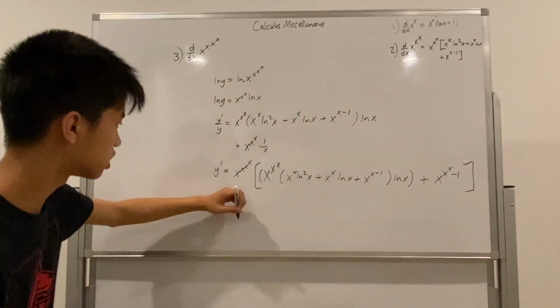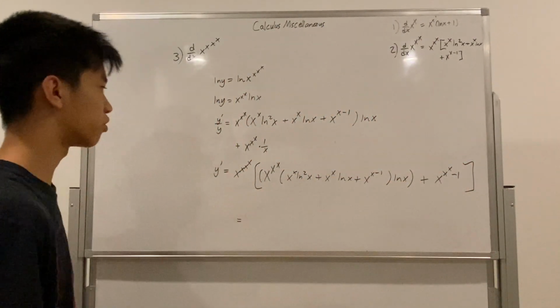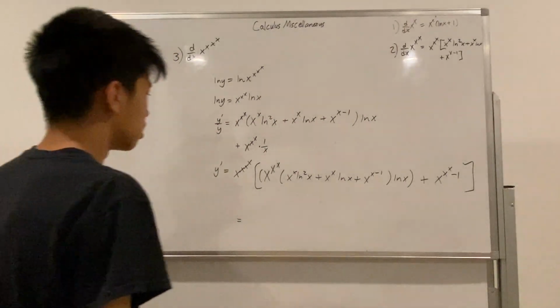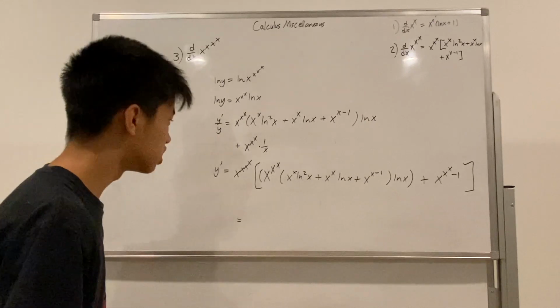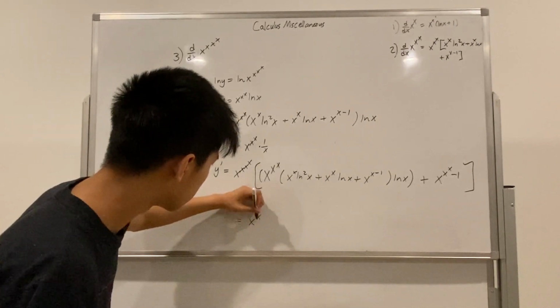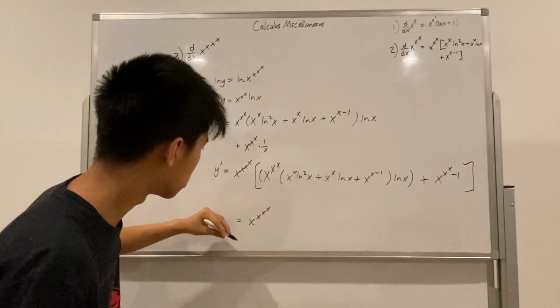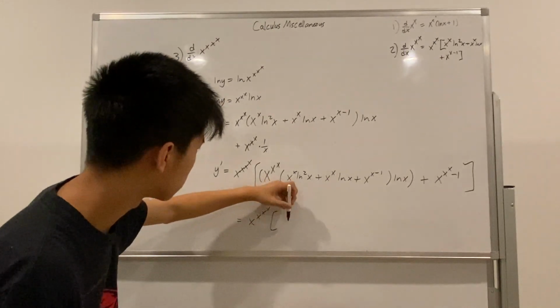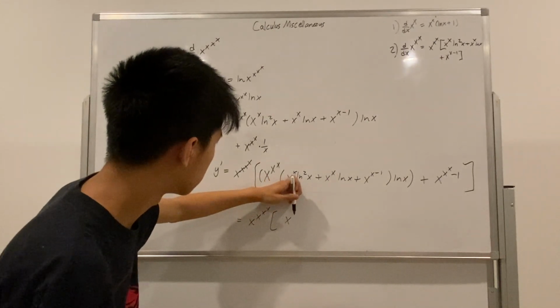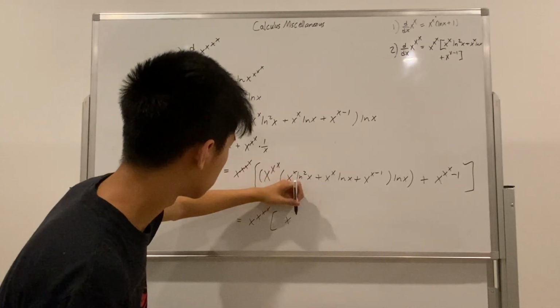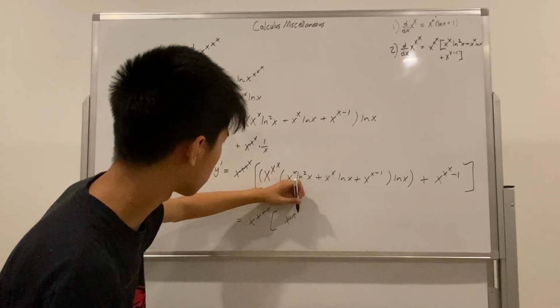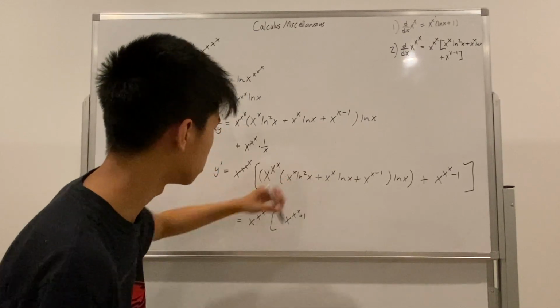And then I can simplify it out just a little bit for you guys, but it would be a bit of a challenge to try to simplify it completely. So let's go. Let's see if this adds here. So x to the x plus 1.